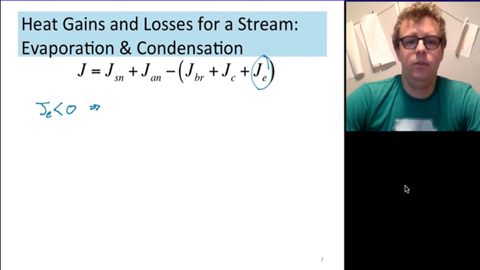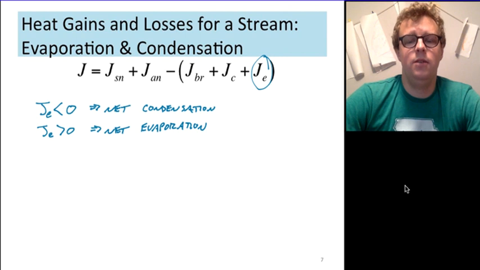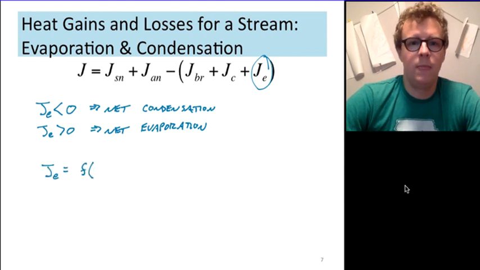Final term deals with evaporation or condensation. So if you find that this term is negative, you actually have a net condensation, or a transfer of energy into the system. We've written the equation assuming that this term will be positive, and so that it would be a net evaporative loss of energy from the stream back into the atmosphere.